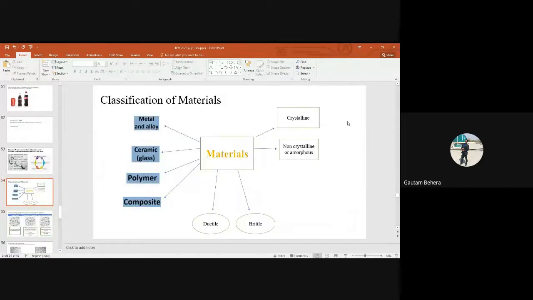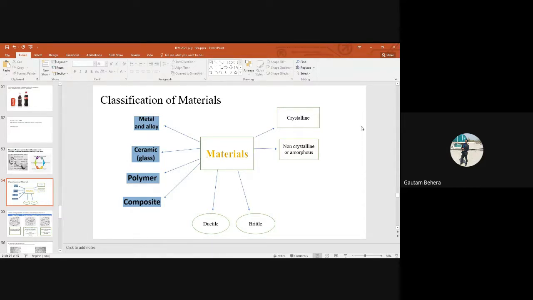Now, classification of materials. If you remember, in the broad classification, there are metals and alloys as one part, polymers as another part, and ceramics, right? Another kind of material is a composite, which is a mixture of any two of these materials.